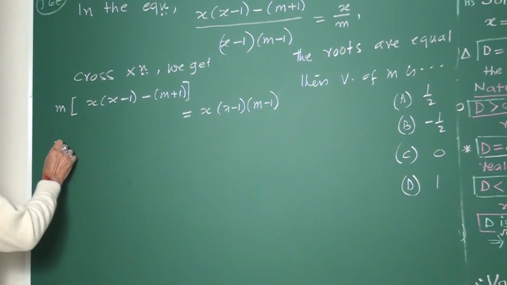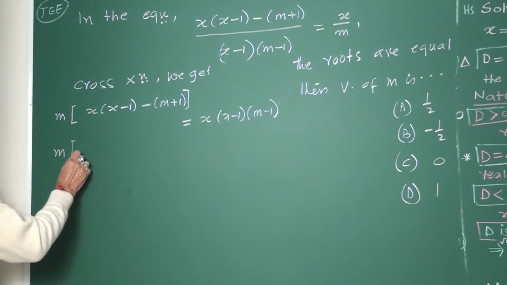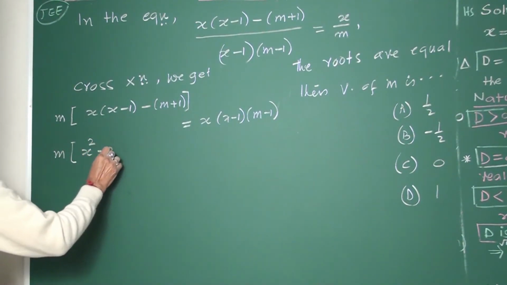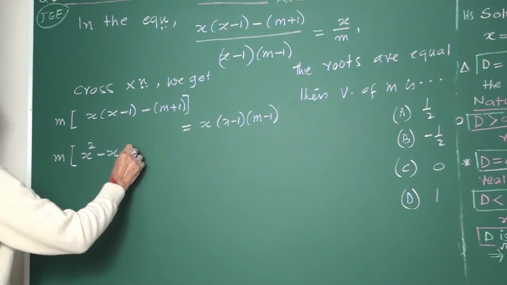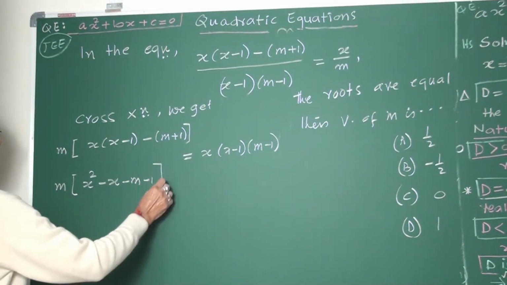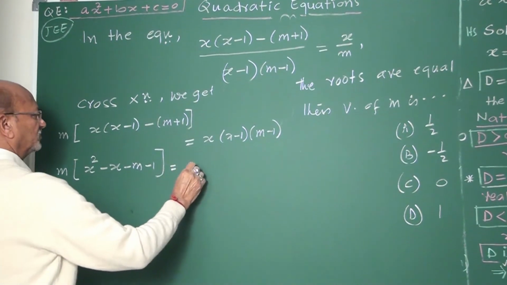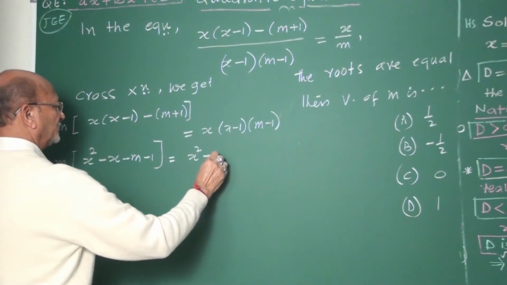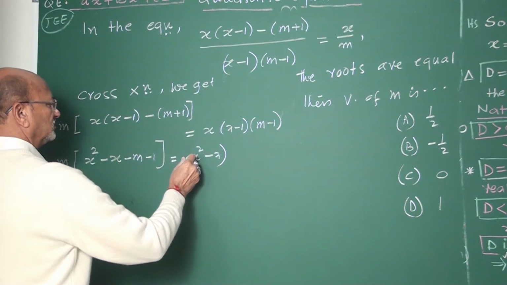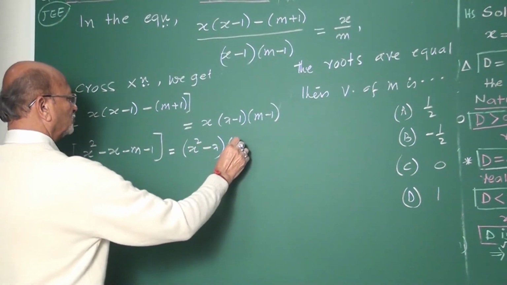This is m into x square minus x minus m minus 1 equal to x square minus x into m minus 1.